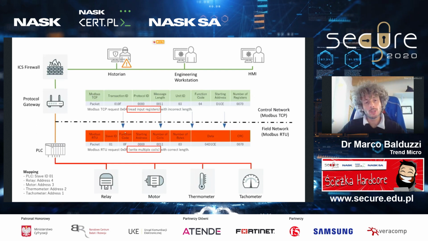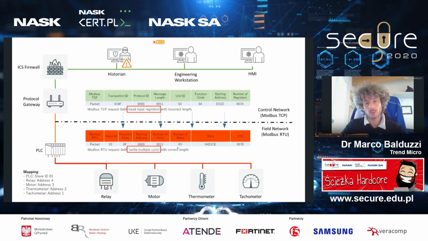In Modbus RTU it is on the second byte, which is 0F. So the transaction ID, which the attacker voluntarily made 01 and 0F, becomes a write request for slave ID 1, which I'm going to show now in the demo, and so on and so forth.